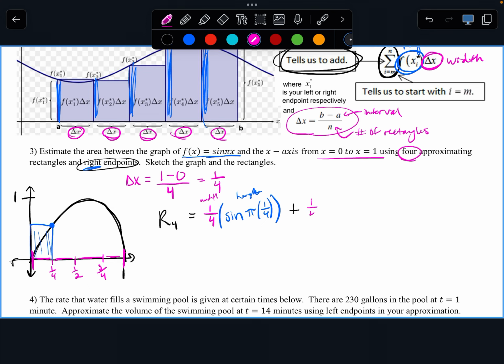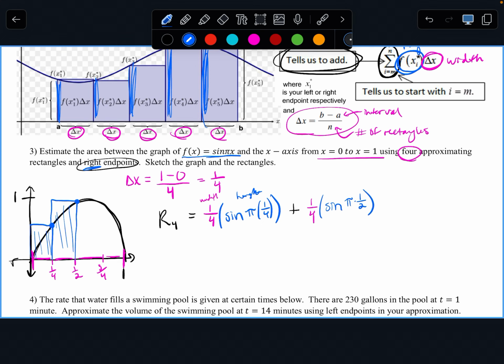So a quarter is the width because they're all a quarter. But now I'm going to use a half as my height. I don't know what that is off the top of my head, so I'm going to plug it into the function.